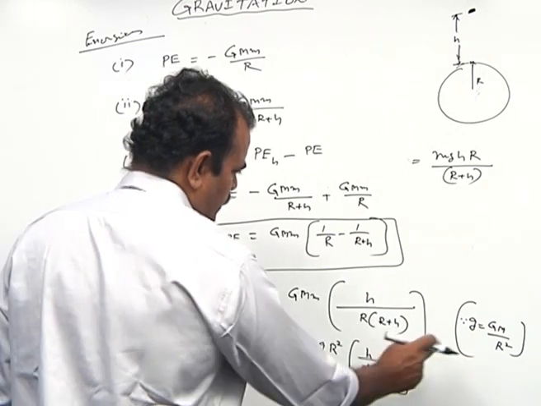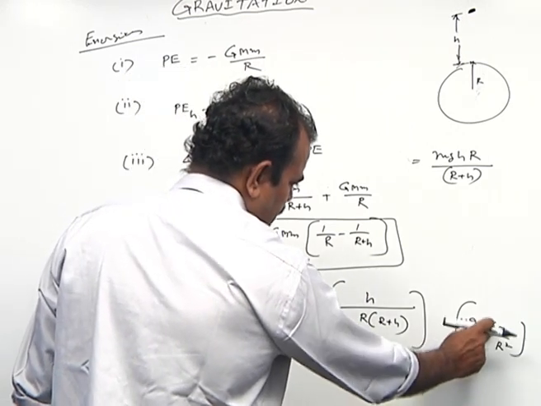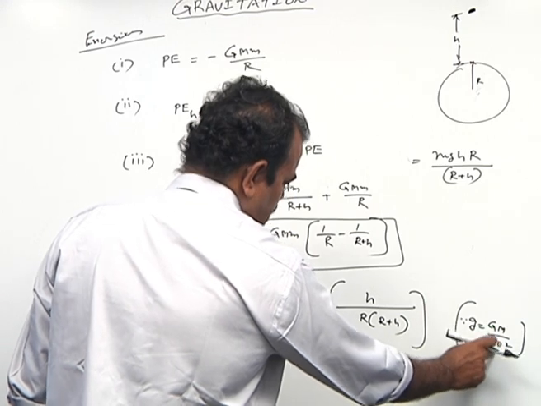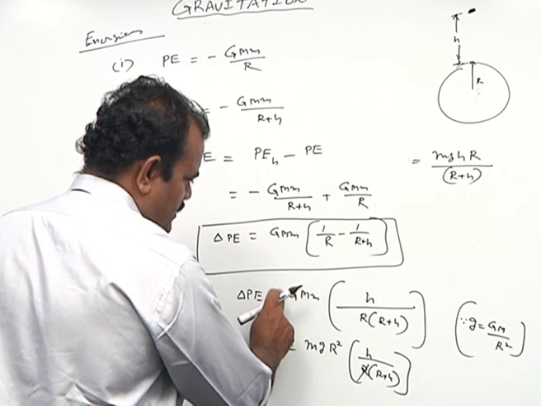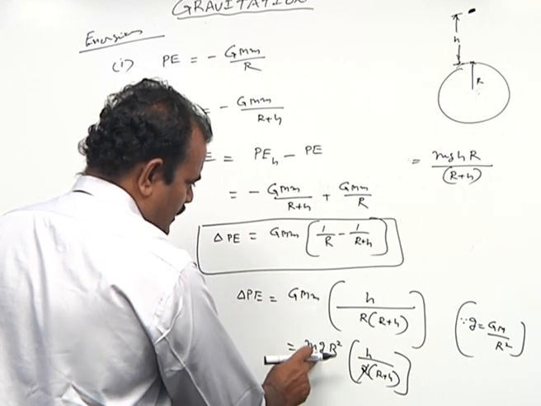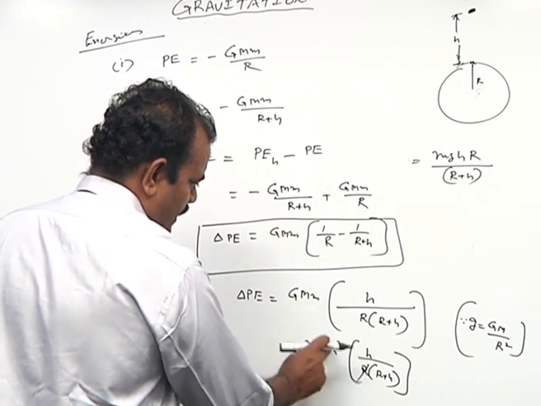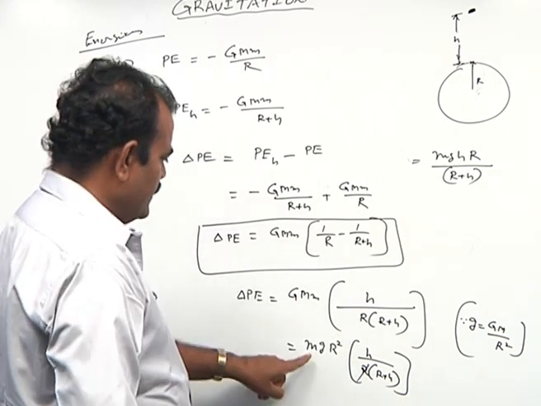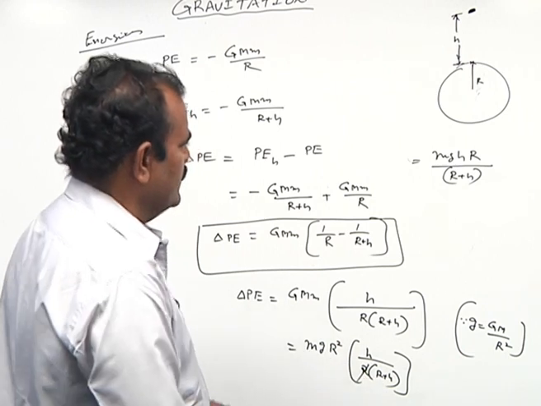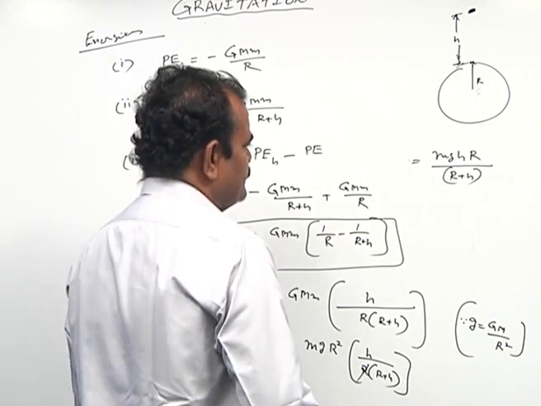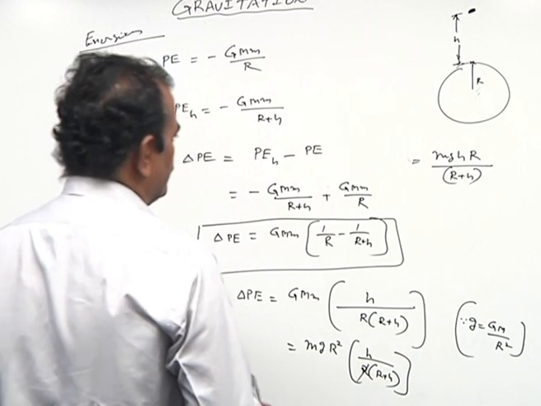Now g is equal to GM by r square, GM can be replaced by gr square, so in place of GM we apply gr square, and one r is cancelled here. So mg r remains, and h is already there, and r plus h is there. Next that can be taken as mgh of 1 plus h by r.